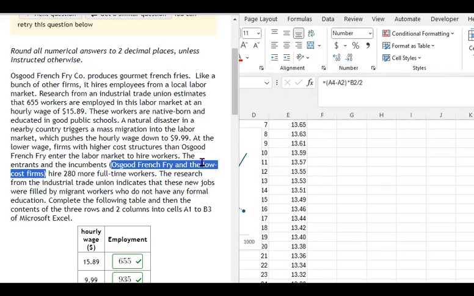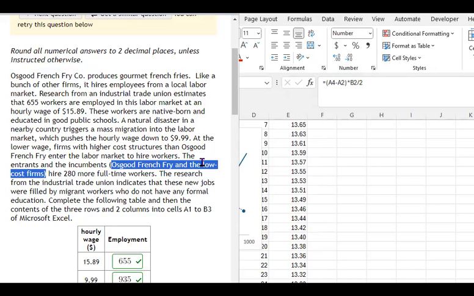Those are the firms. After the migration occurs, the wage gets pulled down and other firms enter this market. The firms that enter this market were previously not in the market. Their cost structure is a little higher. So before the migration, higher cost competitors were not in this labor market.